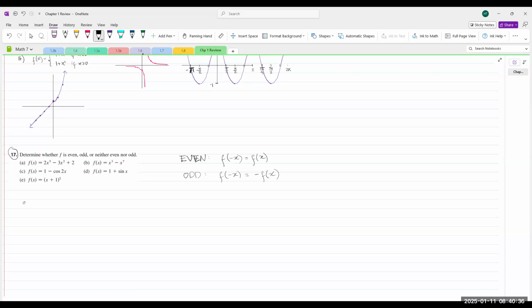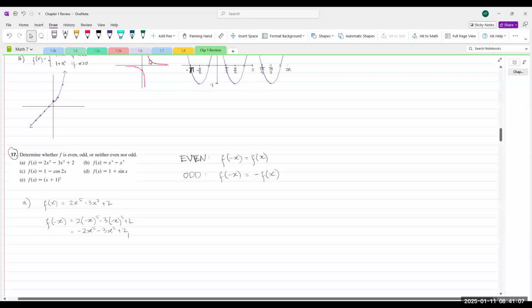Okay, so part A, how do we show that this function f(x) equals 2x to the fifth minus 3x squared plus 2? Take a look at f(negative x). Replace x by negative x. Simplify that. And show whether it equals f(x) or equals negative f(x).